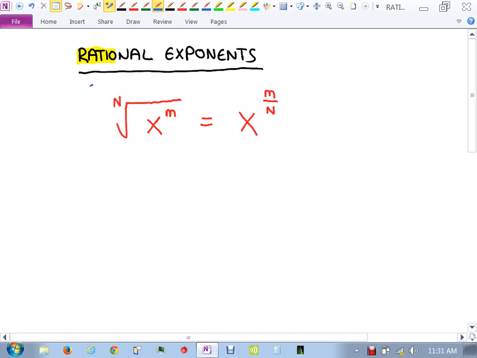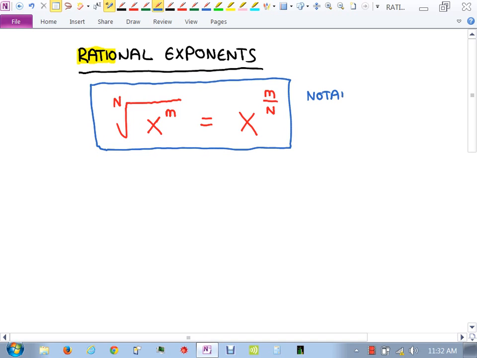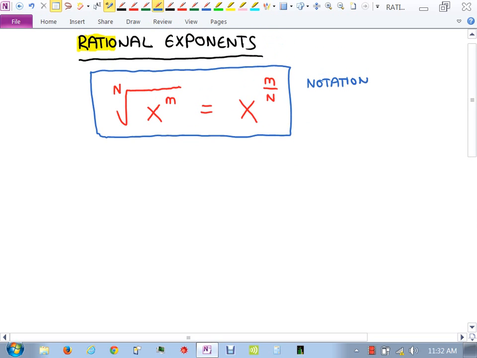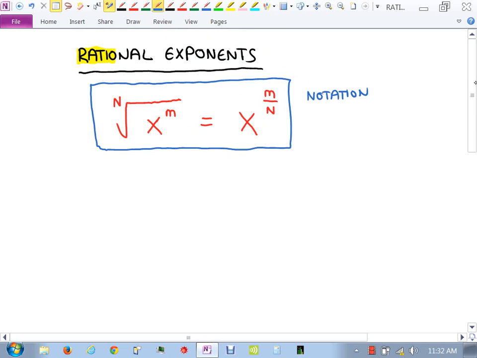This is the big, I guess, formula if you want. This is our notation, right? On the left side, this would be called radical form, and this is rational exponents.